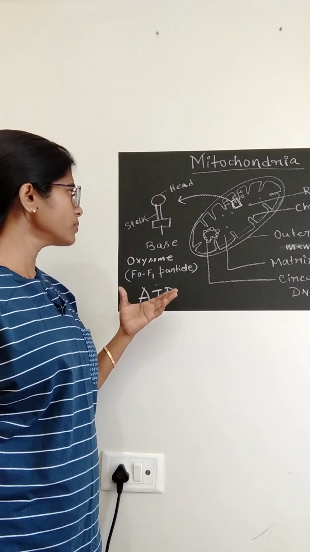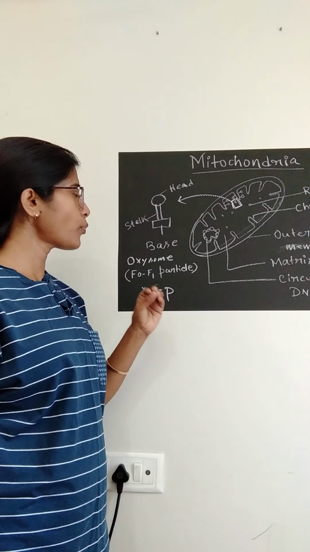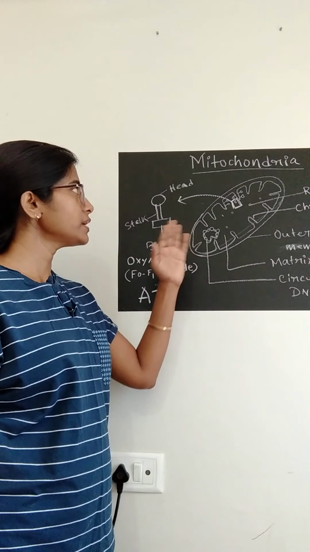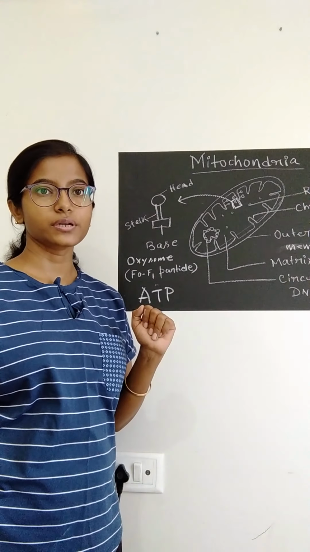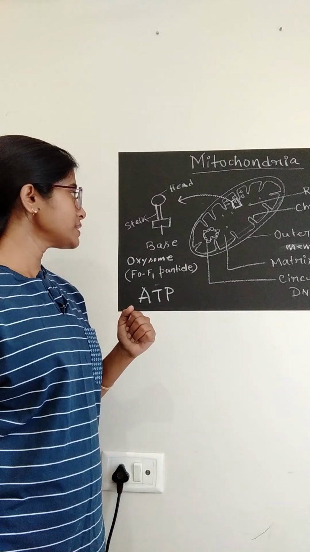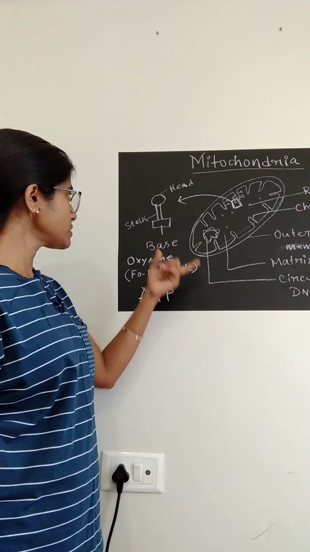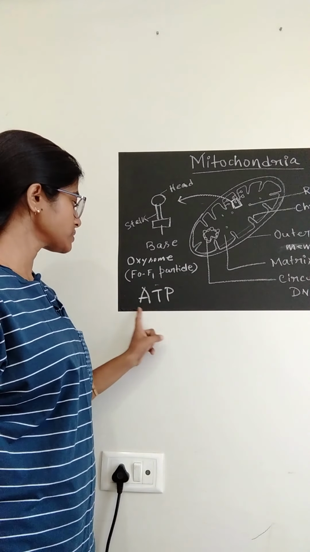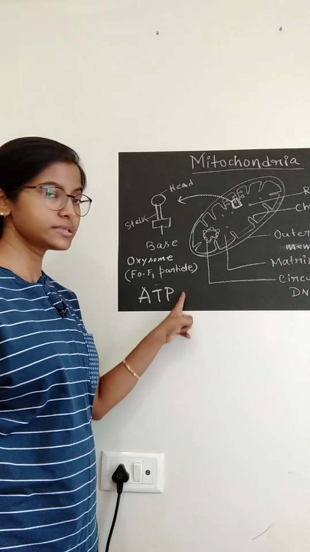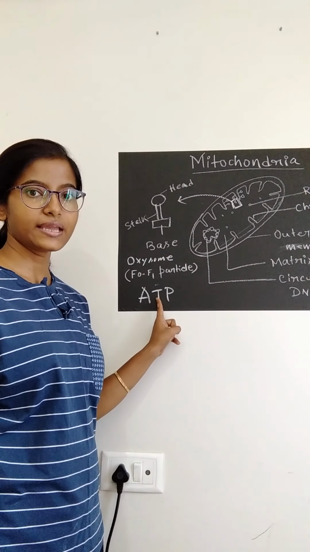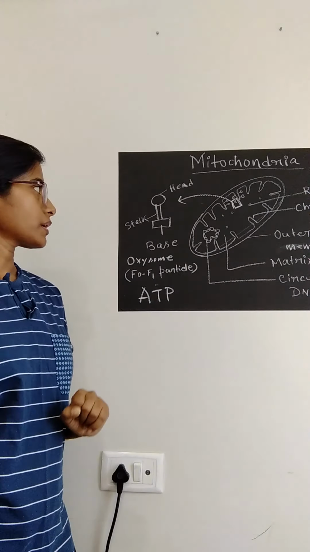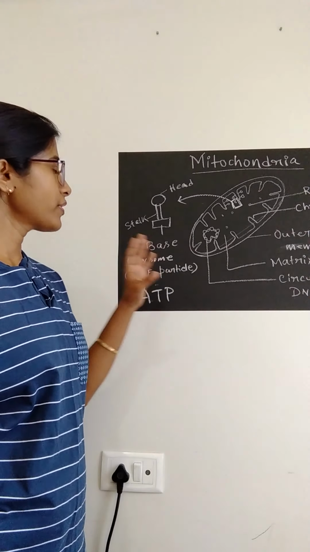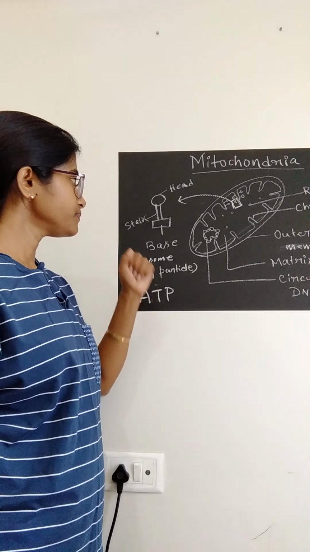These oxysomes play a very important role in the functioning of mitochondria. So what is that? The oxysomes help in the production of the energy currency of the cell, which is called ATP. Okay. Now moving on to its structure again.